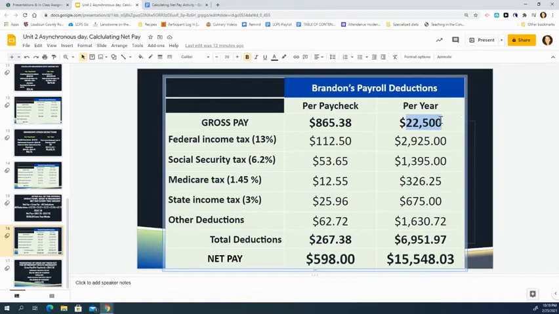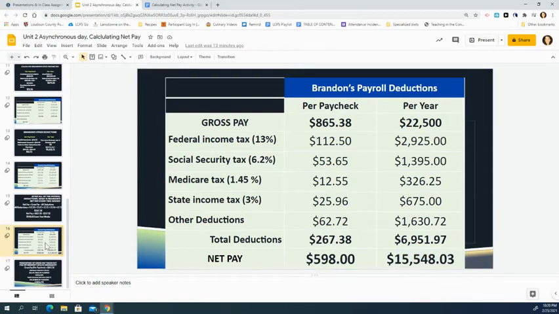That's $22,500 per year. He's got $6,951.97 for total deductions. So he goes home with $15,548.03 for the net pay for the entire year. So check to make sure that your calculations are correct.